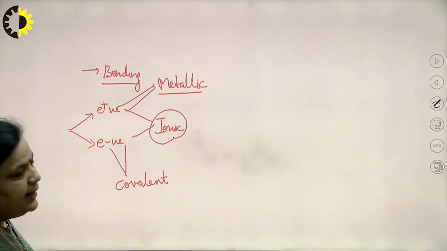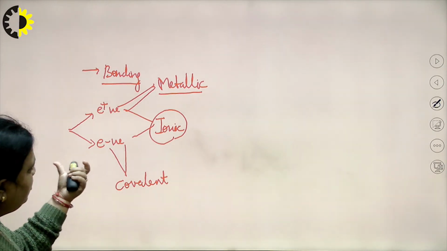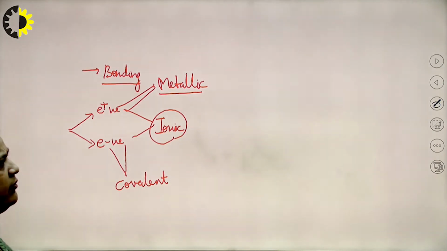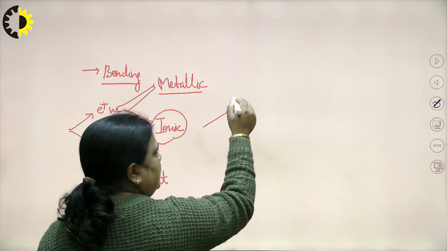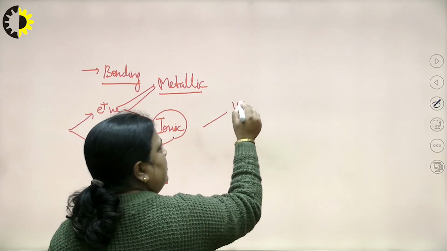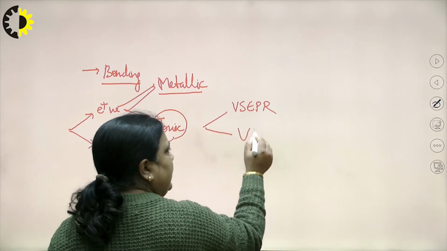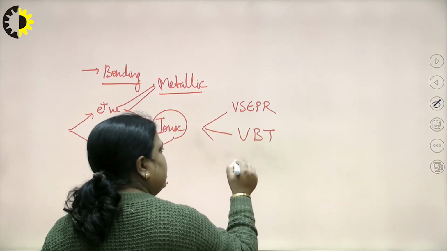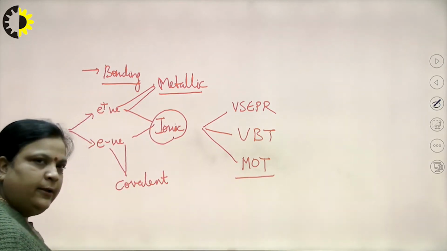To define the bonding in covalent compounds, or bonding between electronegative and electronegative atoms, there were various theories. First it was the Kossel theory, then the VSEPR theory, then VBT, and after this the final theory, molecular orbital theory.